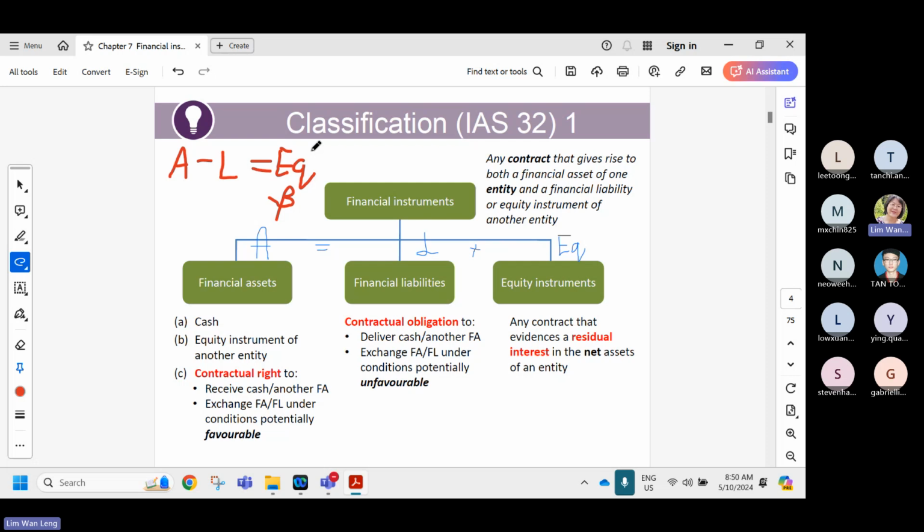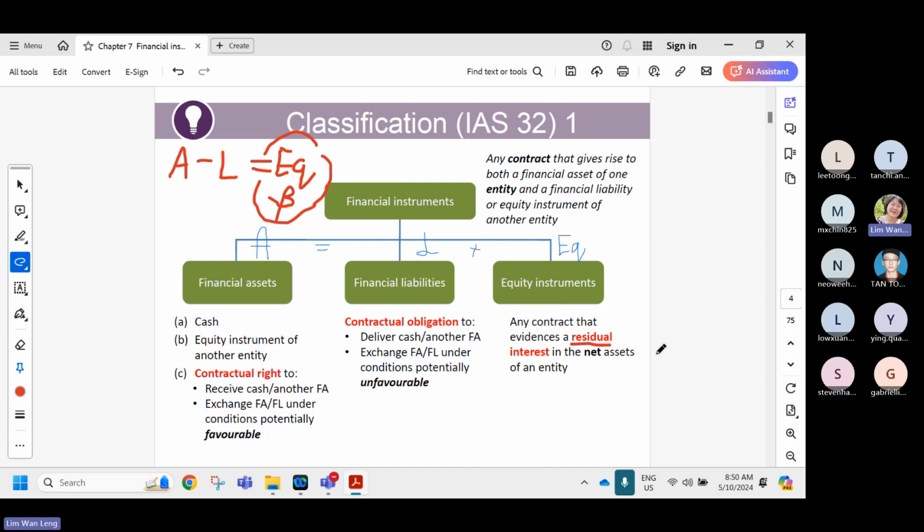Which means that for the equity instrument in terms of IAS 32, the equity instrument is also the residual, just the residual interest, because whatever is left behind belongs to you.